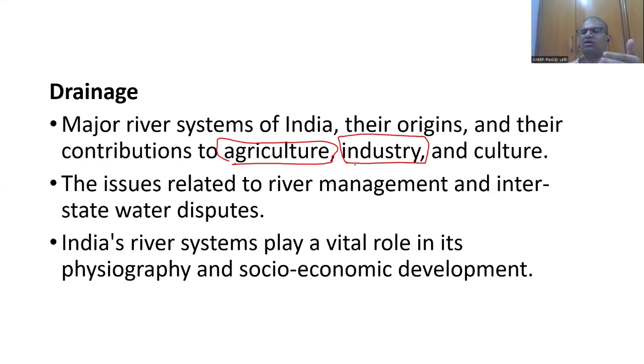Industries also run on water, and many dams have been constructed on rivers for providing hydroelectricity, supplying energy to industries. In India, rivers have great cultural significance, like Kumbh Mela and Pushkaras on the ghats of the Ganga, Godavari, and Krishna. These aspects need to be covered.